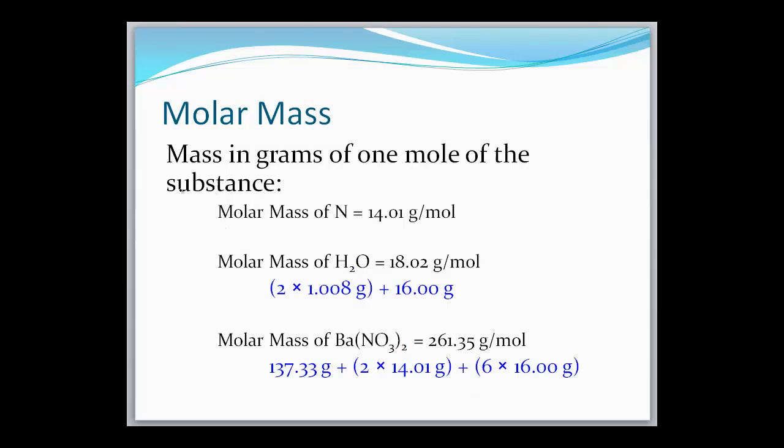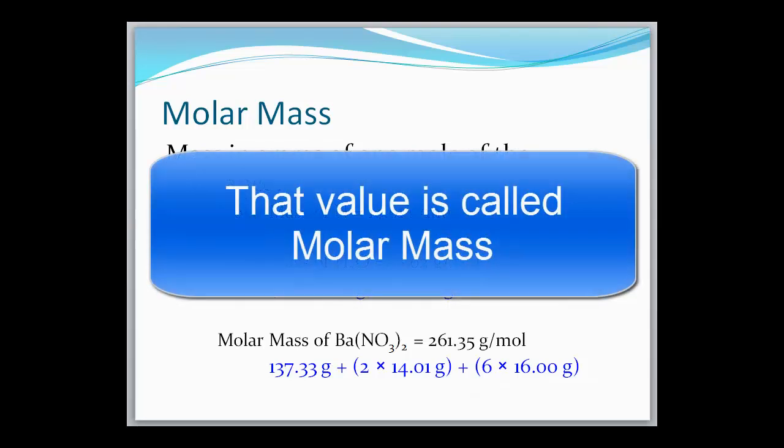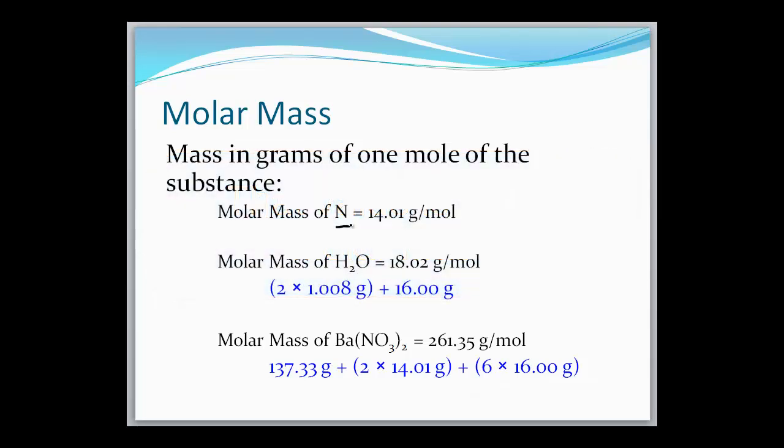Okay, so let's just review quickly. We said that the mole is 6.02 times 10 to the 23rd, whatever we're talking about, and then we use the mass number on the periodic table to tell us how many grams per mole that element has. So for example, if you look at nitrogen on the periodic table, its value is 14.01, and again, the unit is grams per mole.